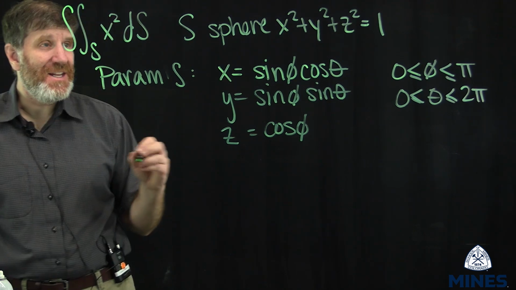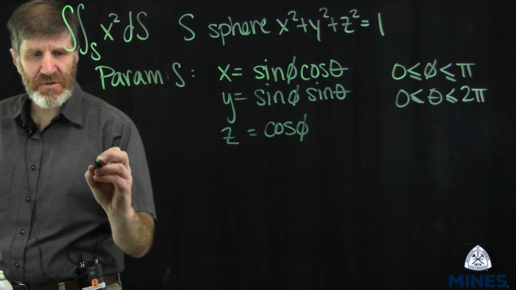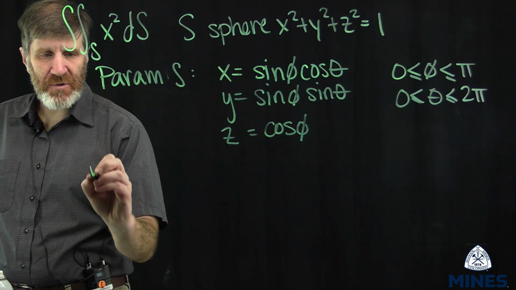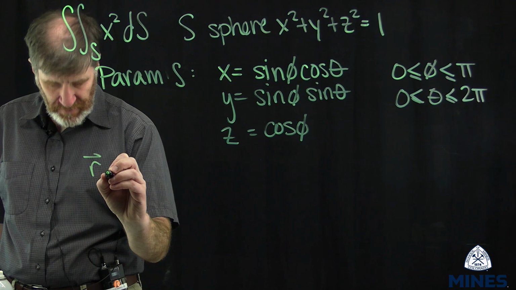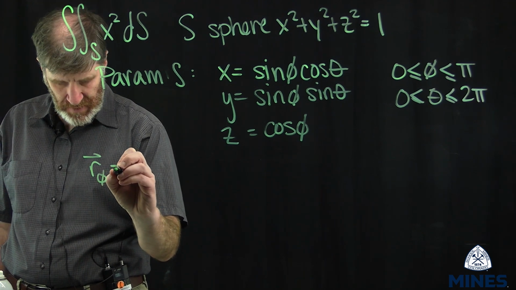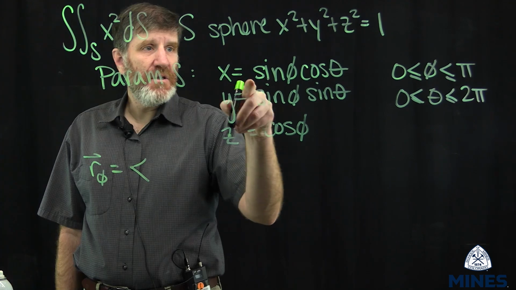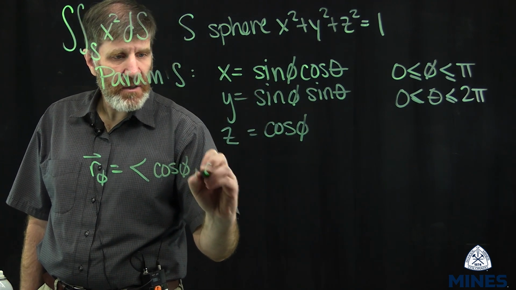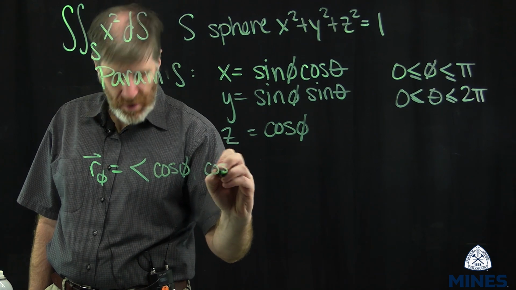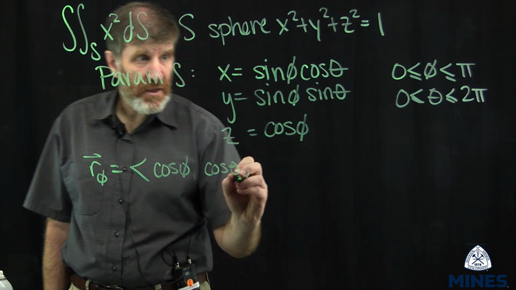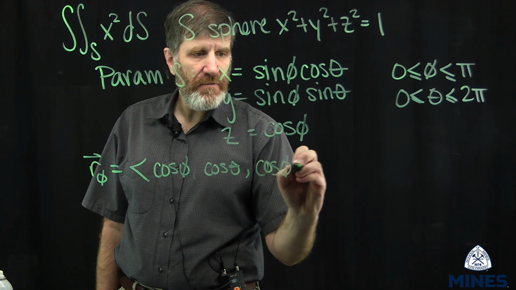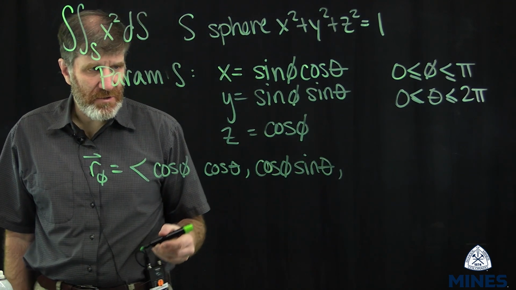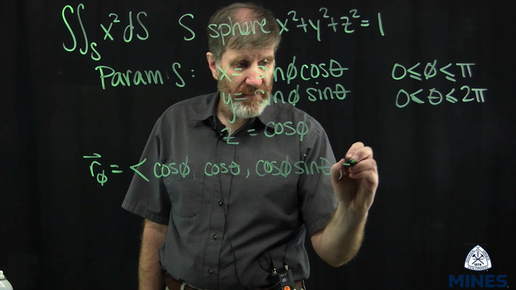Now we need the tangent vector at any point on the surface, and that's given by looking at the parametrization derivative with respect to phi. The derivative of this with respect to phi looks like cosine phi cosine theta, cosine phi sine theta, and the derivative of the z component, the derivative of cosine phi, will be negative sine phi.